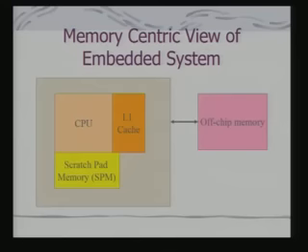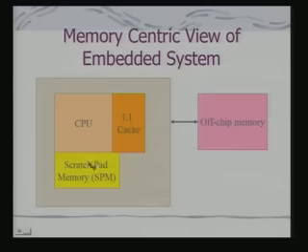So, let us have a look at what we call a memory centric view of the embedded system. We have the CPU here, and this is a cache memory, a fast memory, which typically would be SRAM, static RAM, and this is a level 1 cache, that is why we call it an L1 cache.